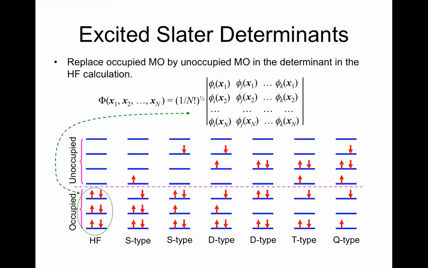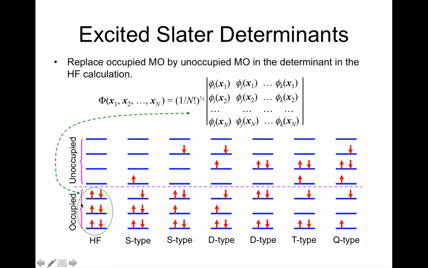The problem, of course, is now how can we actually derive more determinants? Well, if we go back here to the Hartree-Fock case illustrated here on the left in the figure, then what we got out from a Hartree-Fock calculation of our system here was a set of orbitals, both occupied orbitals and unoccupied orbitals.